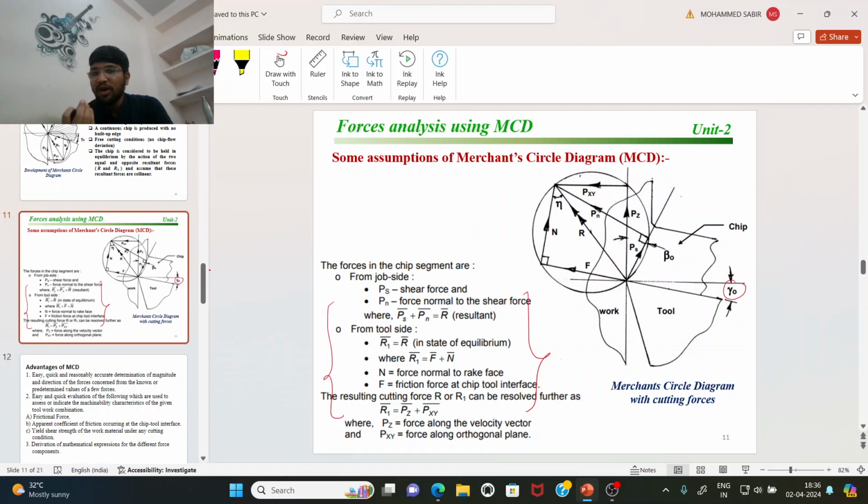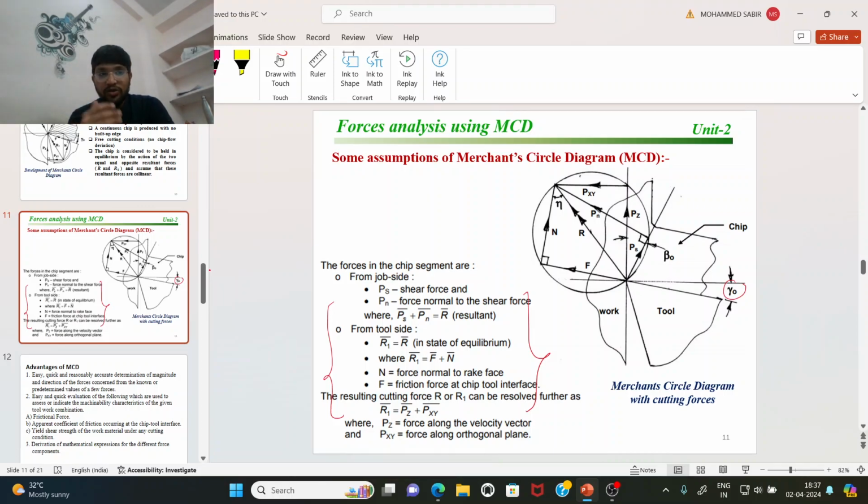Experimentally, Pz and Pxy can be found out, but F, N, Ps and P are the theoretical parameters. So we will go for the Merchant circle diagram analysis that gives the value of eta.